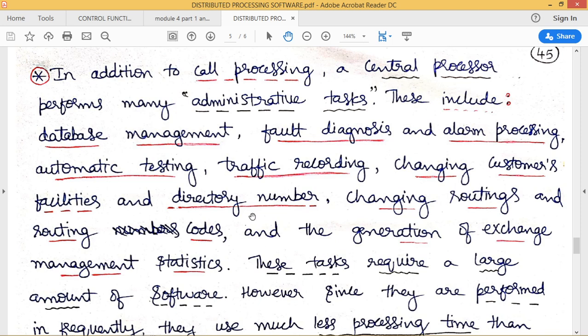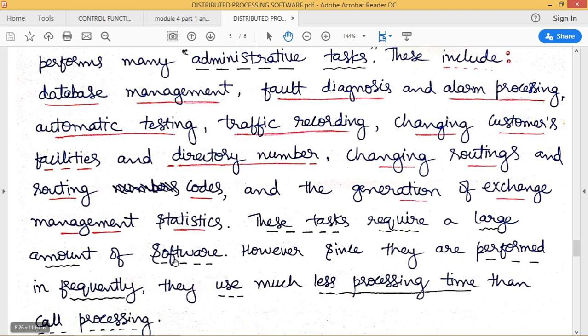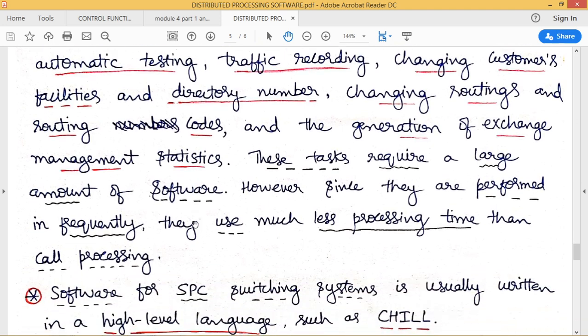So these different administrative tasks require a large amount of software. Of course, in order to perform these different tasks, we need a large amount of software. However, since they are performed infrequently, they use much less processing time than call processing.